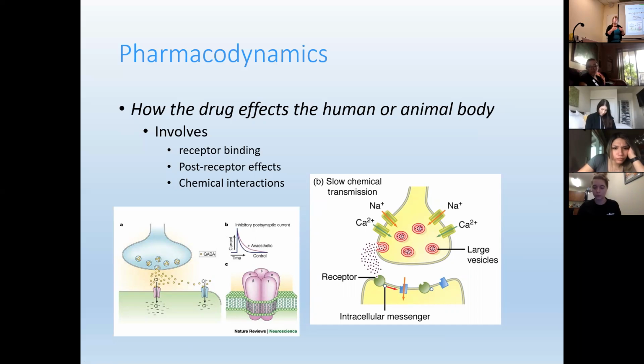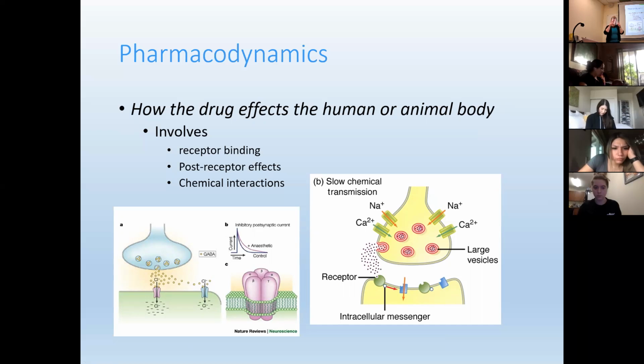But some of the medications actually work on the presynaptic membrane. And so we're interested in the pharmacodynamics of the presynaptic. So the presynaptic is the part of the neuron that is synthesizing, finishing the synthesis of a neurotransmitter and releasing the neurotransmitter into the synaptic cleft.